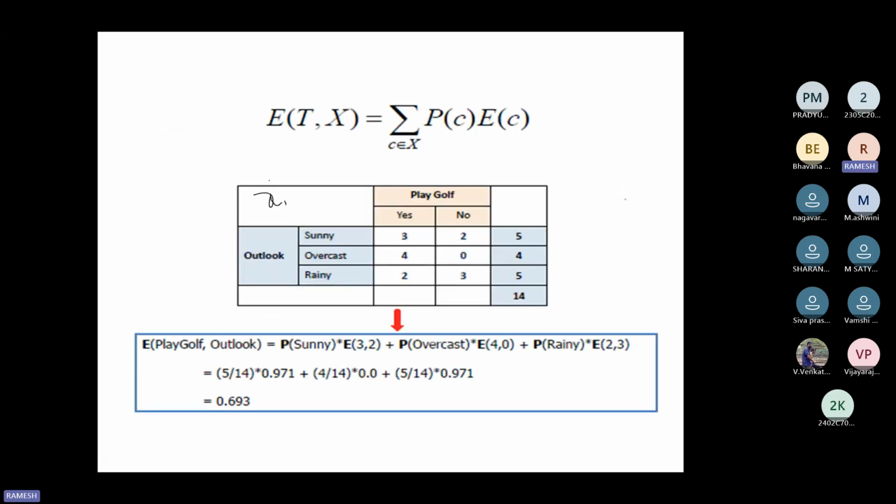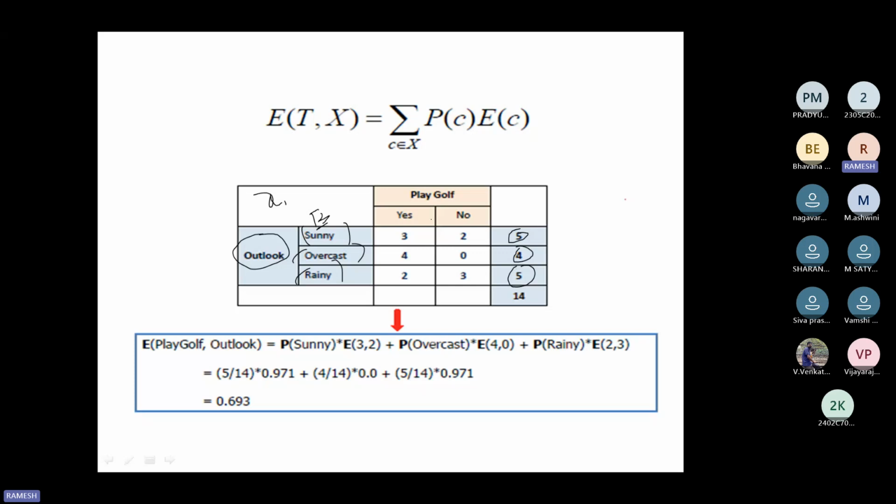We need to calculate the entropy of sunny, overcast and rainy, and give weightage to each. This is not equally distributed: sunny has 5 values, overcast 4, and rainy 5. So we give percentage-wise weightage.